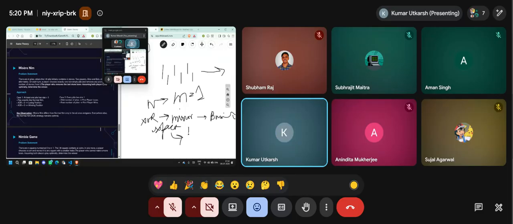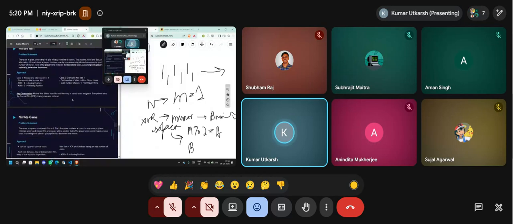Then we have to check if m % 2 is equal to 0, that is, m is even, then A wins as B will be the last to pick, or else B wins.